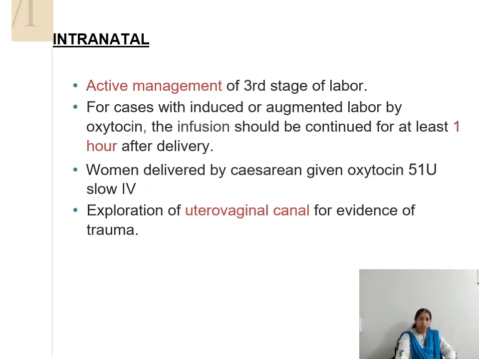So intranatally, active management of third stage of labor: immediately after the delivery, you have to give oxytocin at least 5 units slow IV immediately after the delivery of the baby, and to prevent traumatic PPH, exploration of the uterovaginal canal for evidence of any trauma should be done.